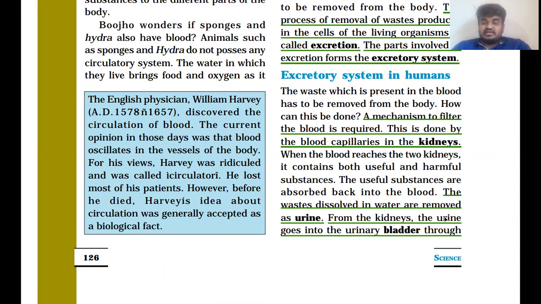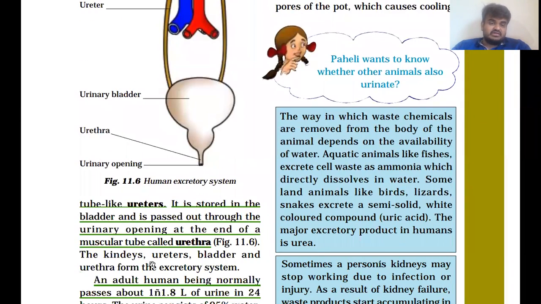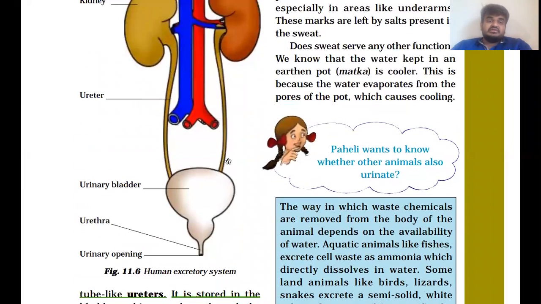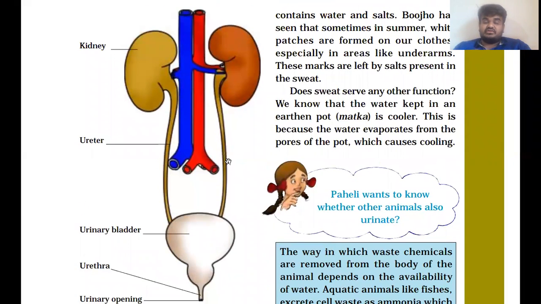From the kidneys, the urine goes into the urinary bladder through tube-like ureters. So whatever waste is there in the kidney after the filtration goes to the urinary bladder by thin tubes like the ureter. Here you are given some thin tubes, that is ureter only.